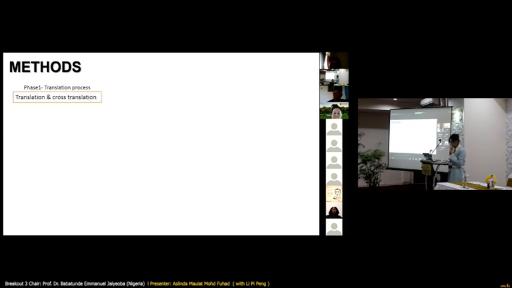First is the translation and cross-translation. The process of adaptation started with the forward translation. The English version was translated into the target audience language, which is Malay. The selected translators come from diverse backgrounds, allowing them to produce the highest quality of translation.